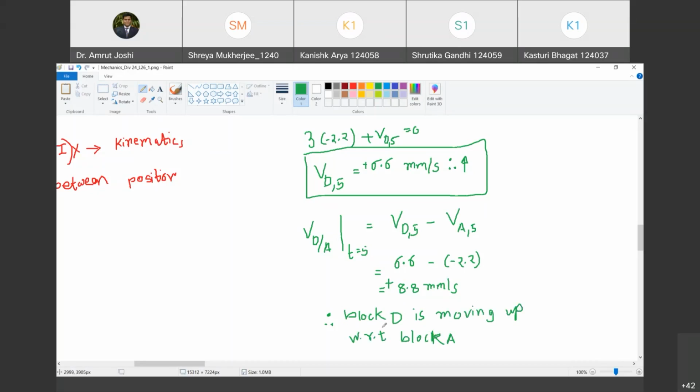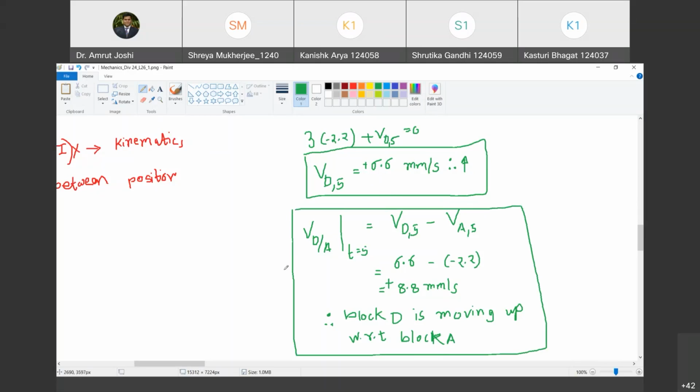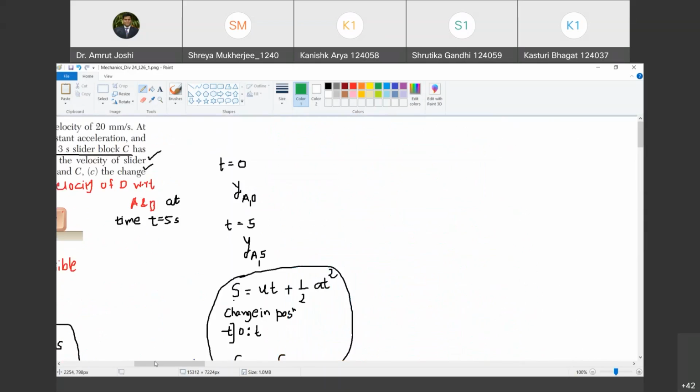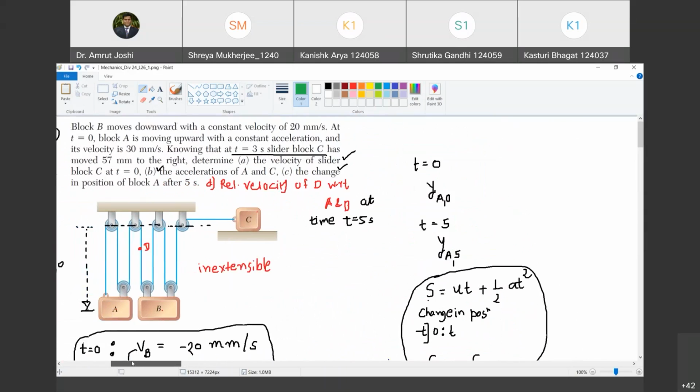With reference to block A, it is moving upward. Are you with me? Yes, sir. In this particular case, even in absolute sense, block D is moving up, but it is absolutely not necessary. Okay. So have we answered the question? Last one. Yes, partially. The second part you have to do as homework.